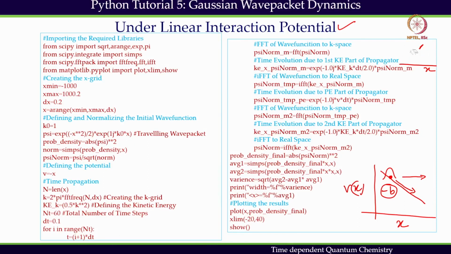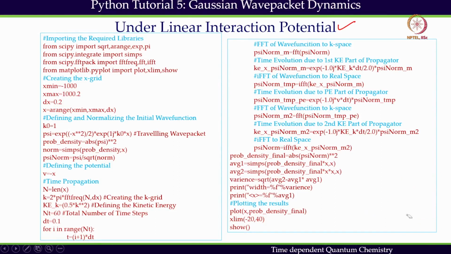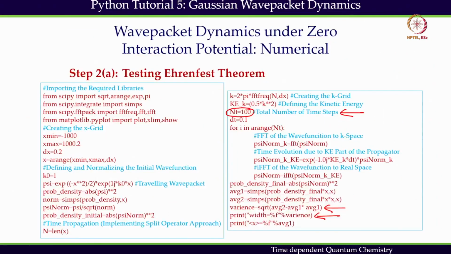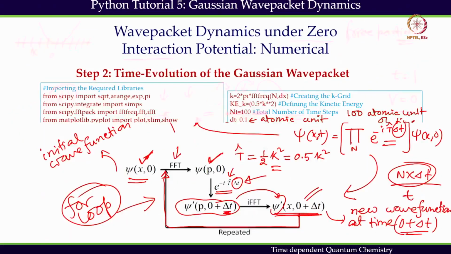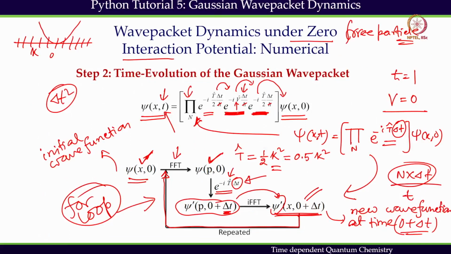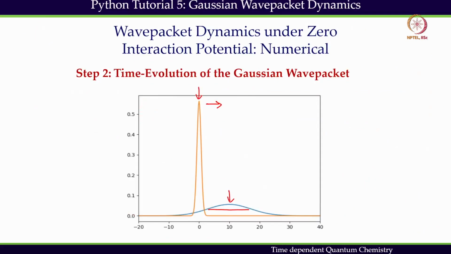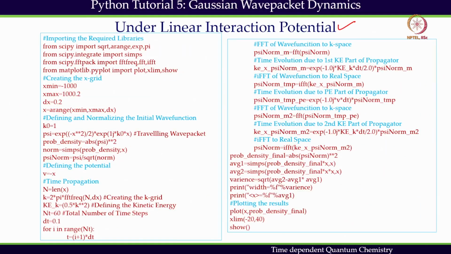The difference between the linear potential problem and the zero interaction potential problem is that now we have to consider the V. Previously, with this split operator approach, we didn't have any potential part. Now we have the potential part and we have to consider it.